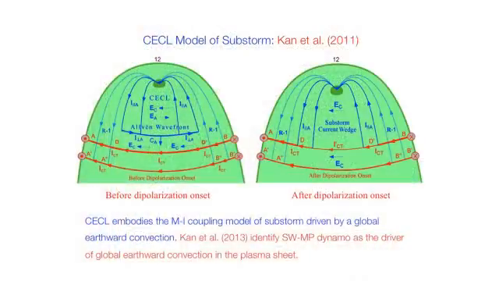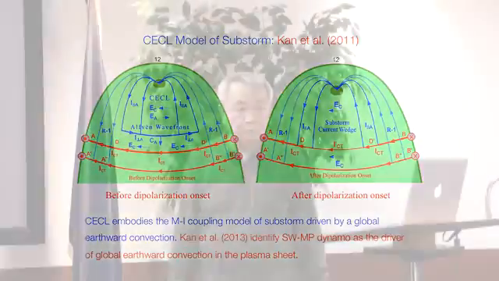So this is before dipolarization, because the Alfvén wave hasn't reached this cross-tail current around 10 RE, and this is after dipolarization. Now, the nice thing about this is that if you follow this, it produces the observed substorm current wedge for you.